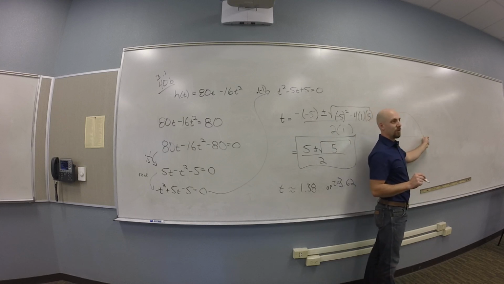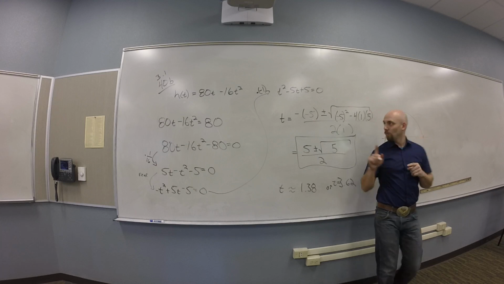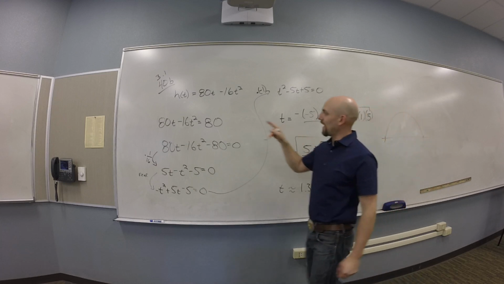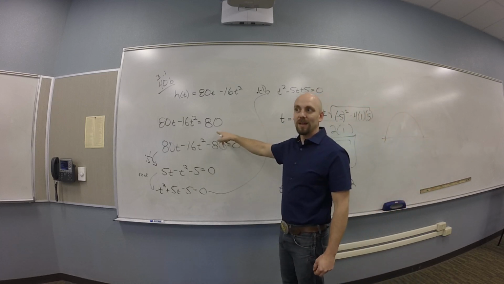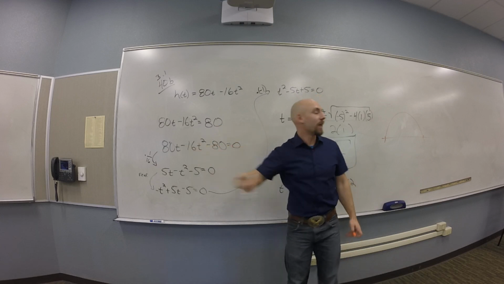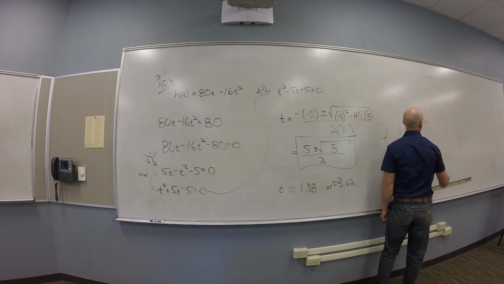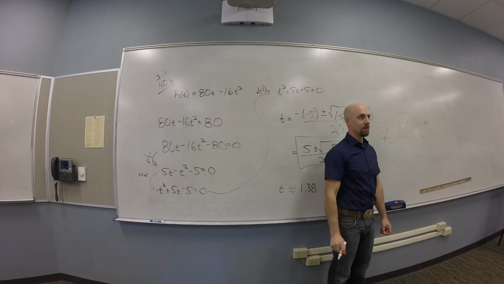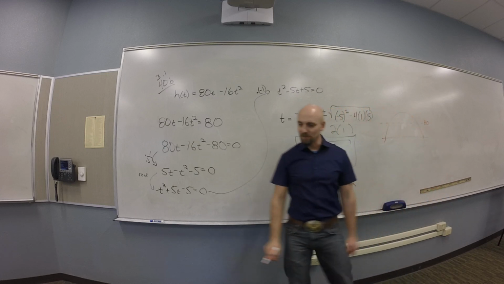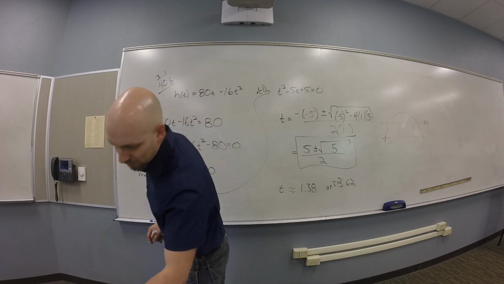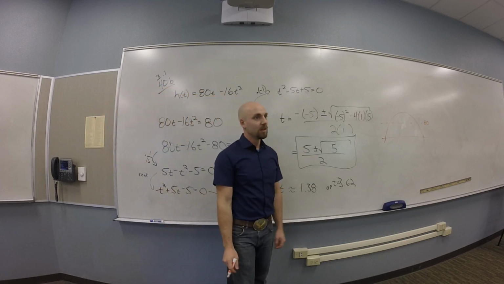I took this thing and set it equal to 80, so I'm wondering, when does this thing hit 80 in whatever units I'm in? In this case, I think that's feet, and seconds for time.